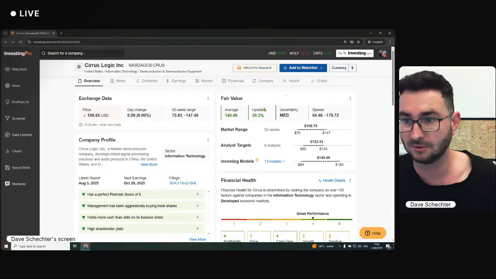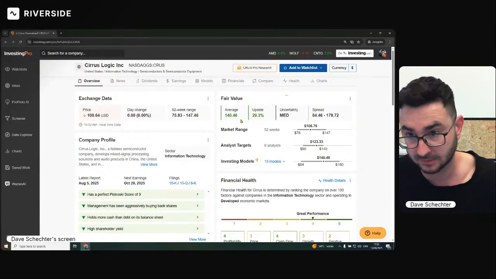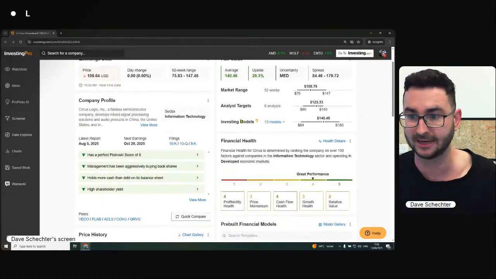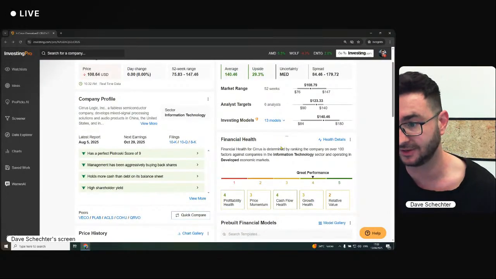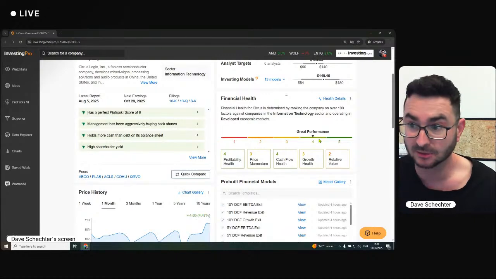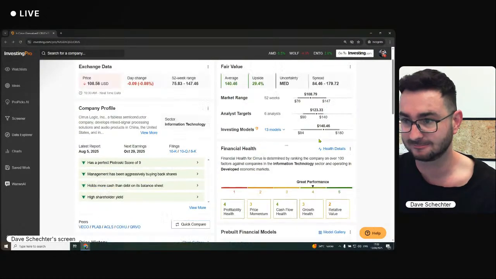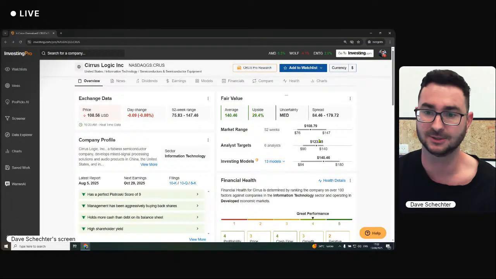The first thing you do, look at the fair value. Is there upside or downside? If it's green, it's enough movement to continue exploring. Then check out the financial health. Is it green or red? Does it look good for further due diligence? If it does, awesome. Please continue.